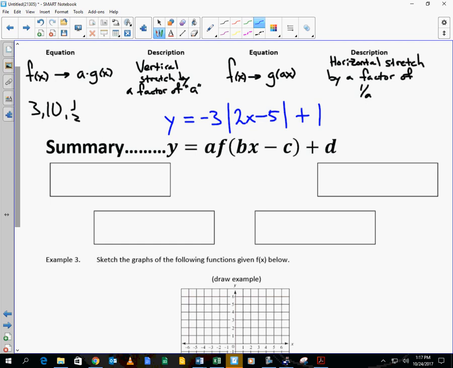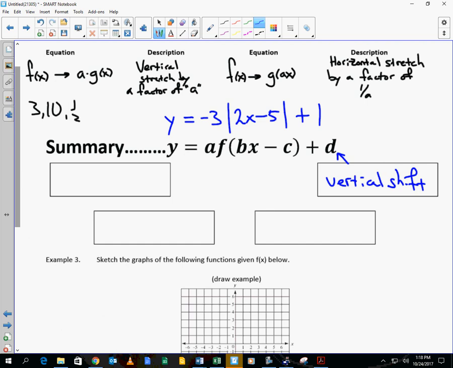As I look at that type of shape, I always think of what this last number does. I always think on the outside first. What will this plus 1, or this plus d, do to the function? Vertical shift. Good. 1 down, 3 to go. So everybody okay with that 1 on the end there? Okay, good. So we've classified that.